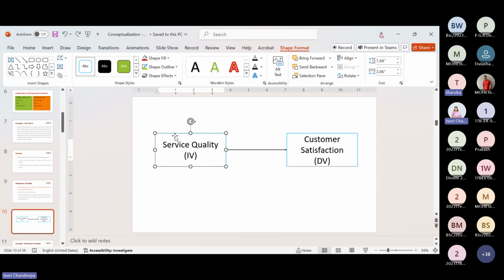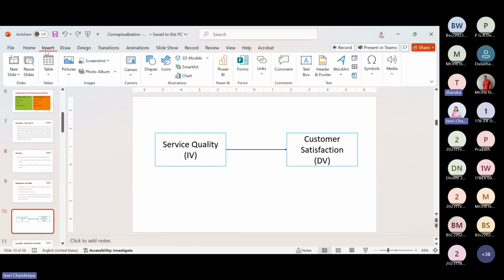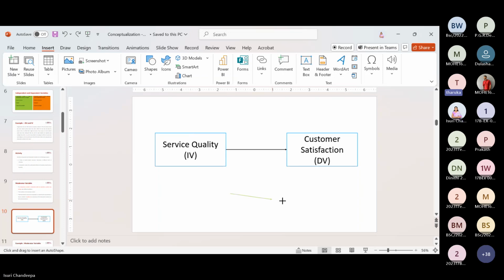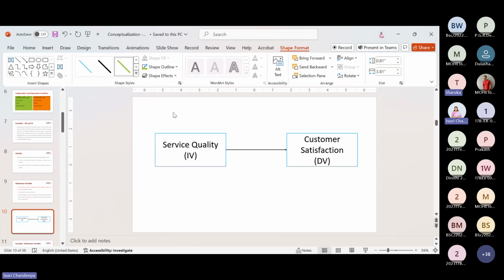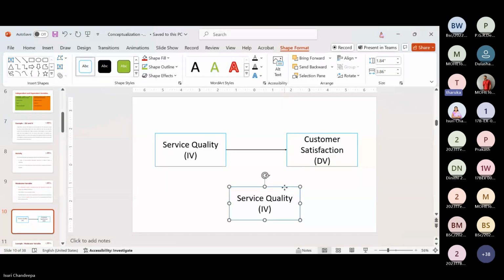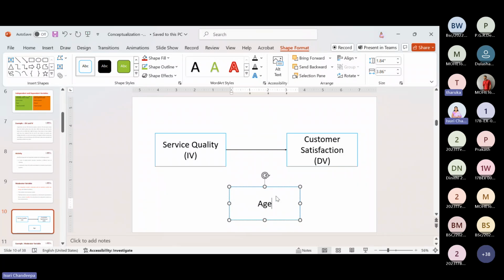So this is the direct relationship that we are going to test. But based on the previous findings, we have taken age, customer age.